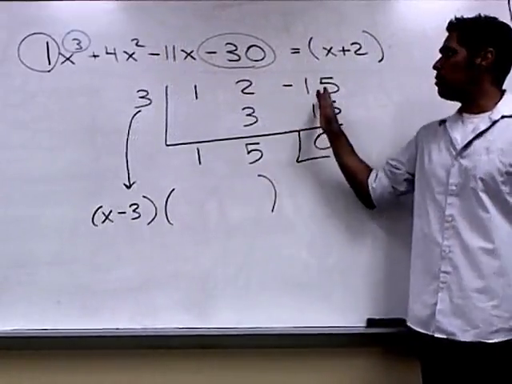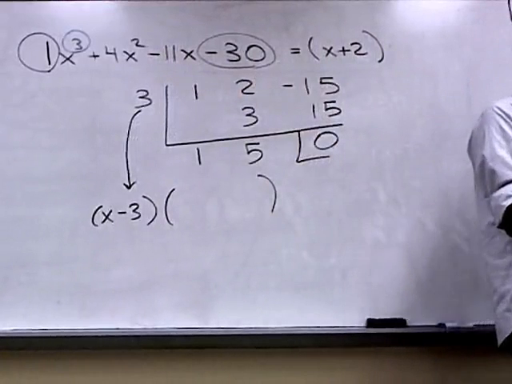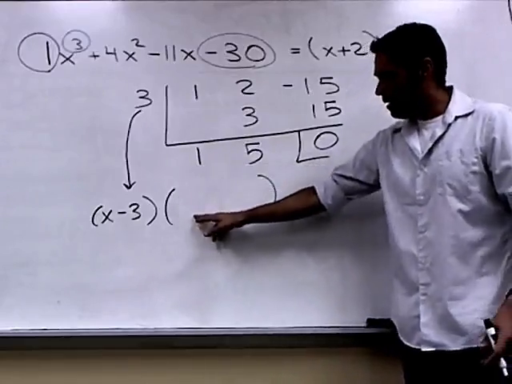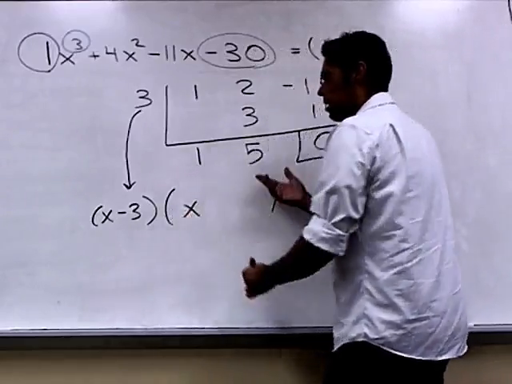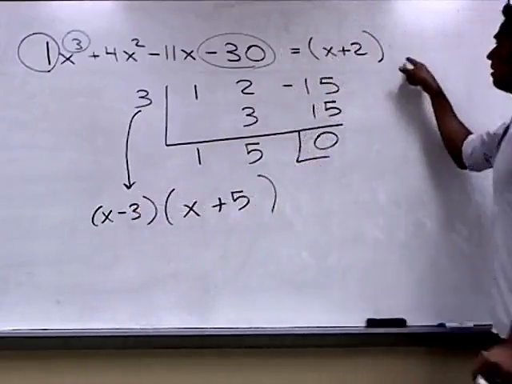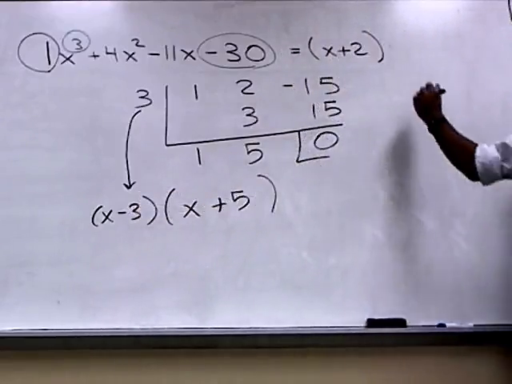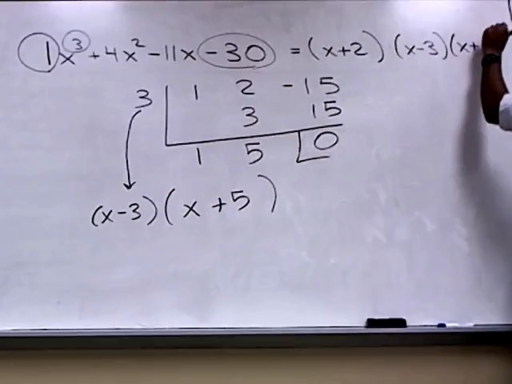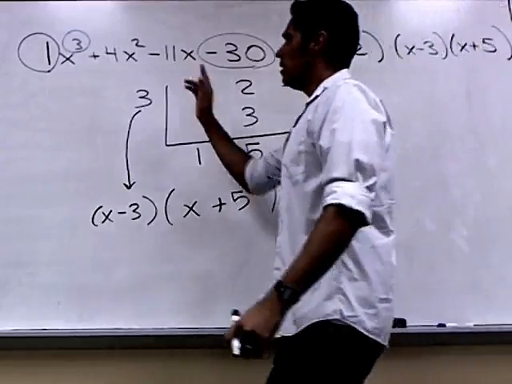Now, the thing that we were working on was x squared, wasn't it? So what's one power less than x squared? Just x. So this would just be 1x, so just x, and then plus 5. And that was the piece that I needed to tack onto this. So I just throw it up here, and I'm completely done. Okay, I have factored this polynomial.